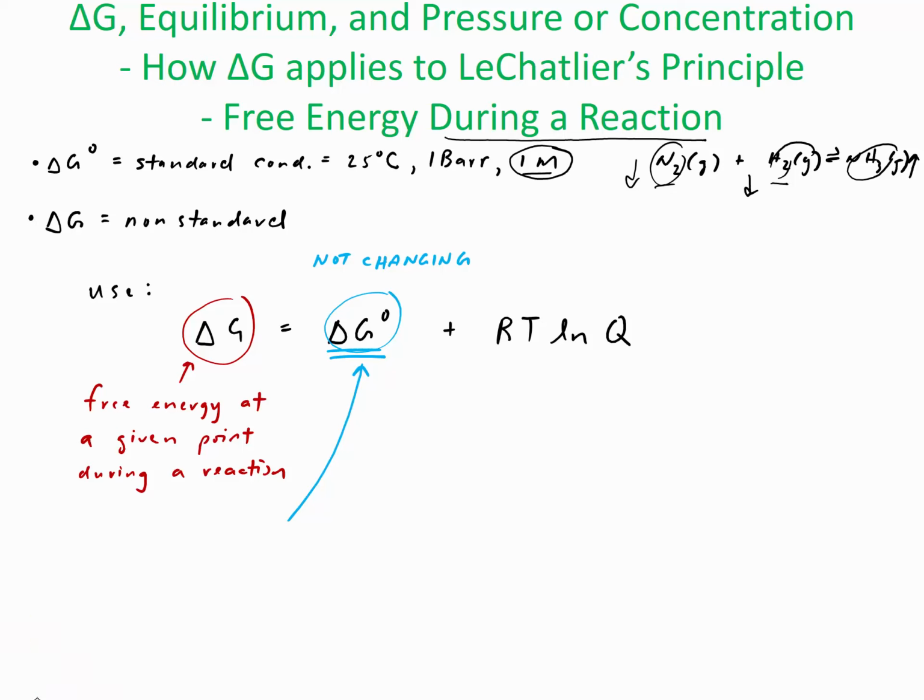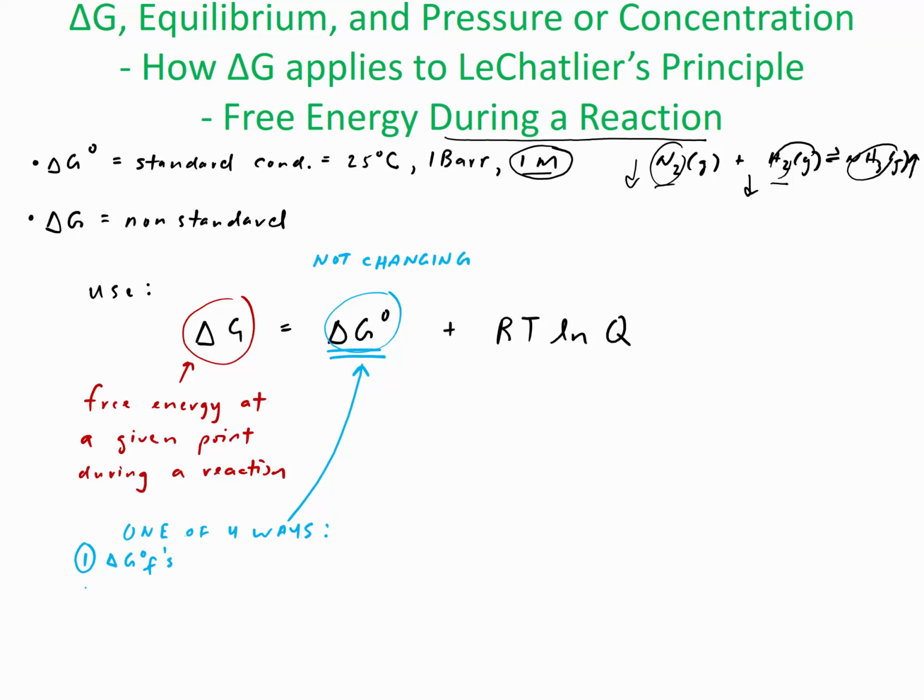To get delta G standard, we're going to use one of the 4 ways to calculate it. The most common way is to use delta G of formation, the free energies of formation.